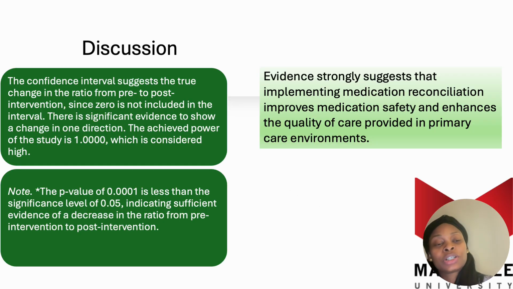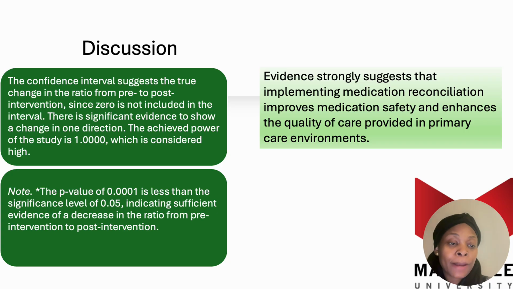So the discussion. After post data collection, statistically analyzing it and running it under SPSS, we found that the confidence interval suggests that the true change in ratio from pre to post intervention, since 0 is not included in the interval, shows significant evidence of a change in one direction.